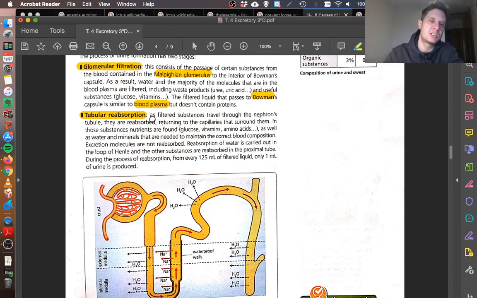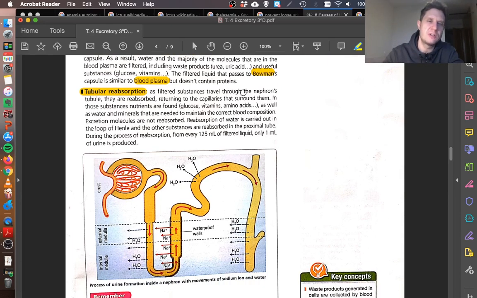Tubular reabsorption: as filtered substances travel through the nephron's tubule, they are reabsorbed, returning to the capillaries that surround them. We have some capillaries here that are going to extract these good things, like glucose, vitamins, amino acids.